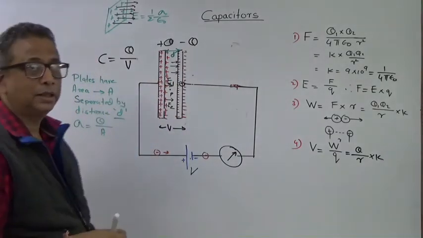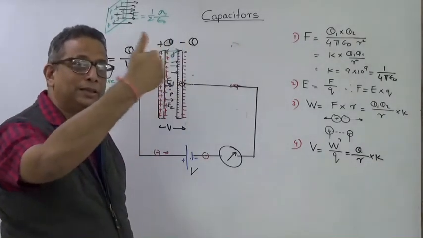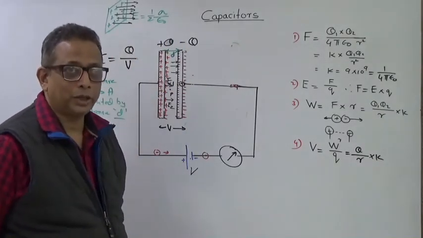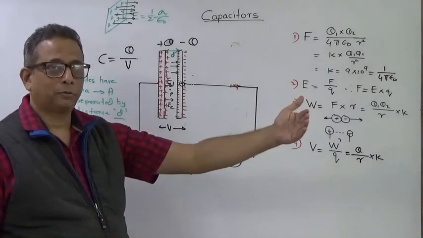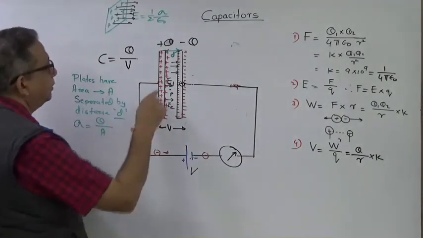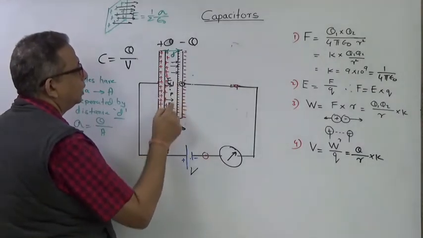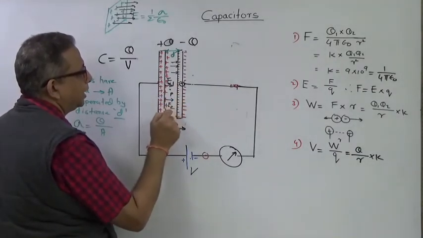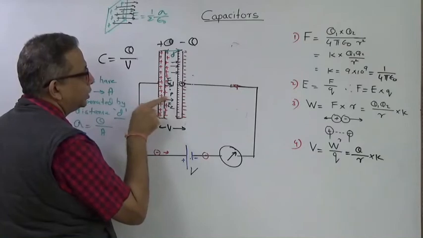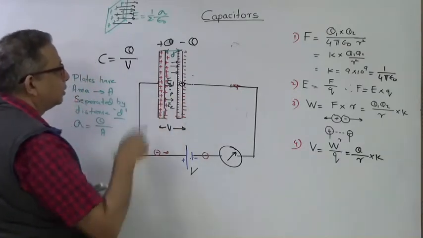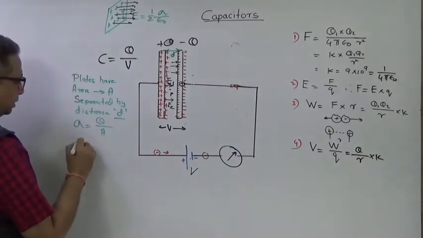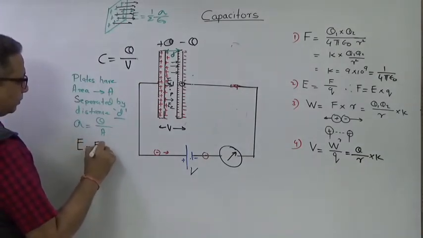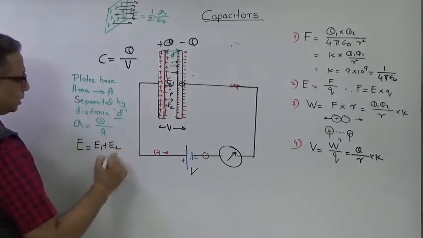The electric lines of force will always end on a negative charge, whereas from the positive charge they will start moving out. That is why E1 is shown moving out, and E2 is the electric intensity because of this plate, which is shown moving in. So the total intensity within this plate will be equal to E1 plus E2.